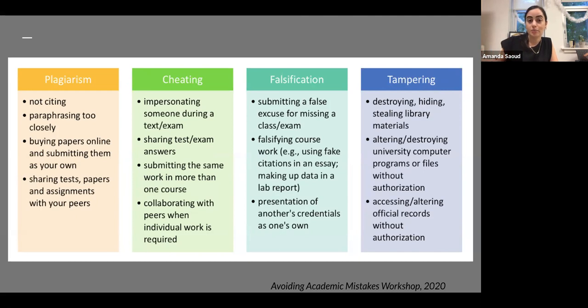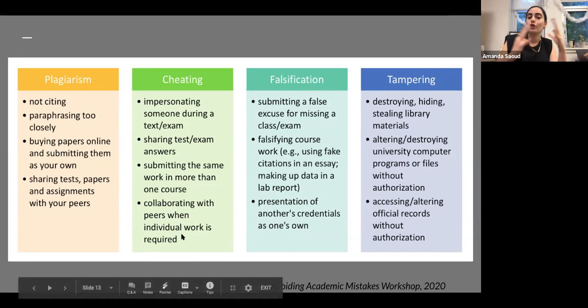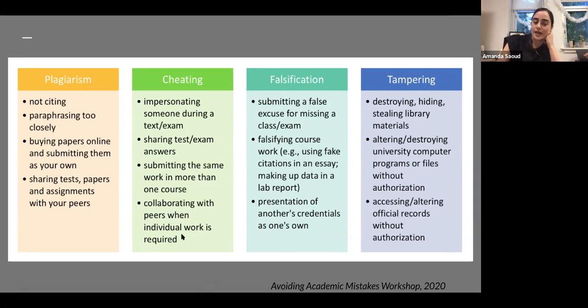That counts as tampering, and that falls under academic mistakes. These are the general subcategories. At the end, I'll provide a resource list and the academic calendar for graduate students, which provides a lot more information on these topics, with examples, and talks about sanctions and penalties. So definitely check it out. But this is just an overview of the different types.